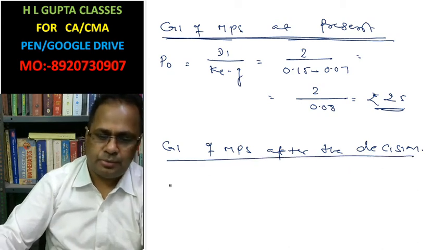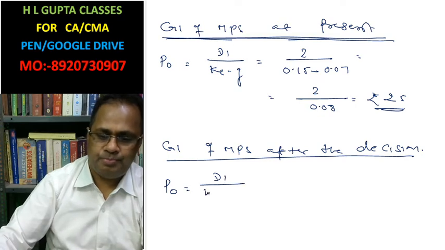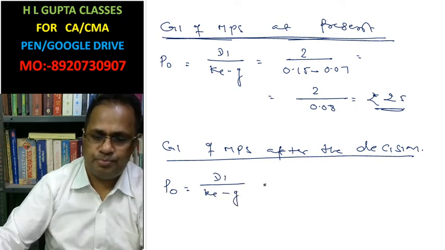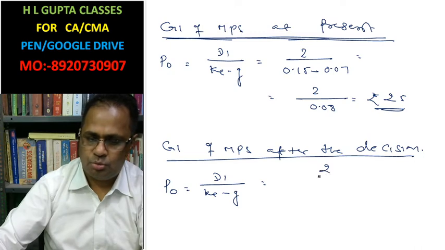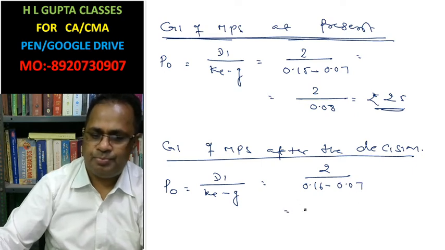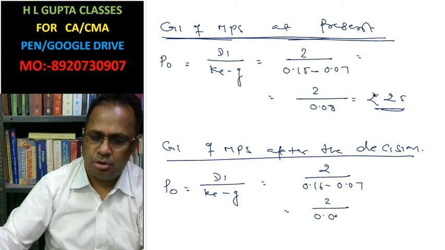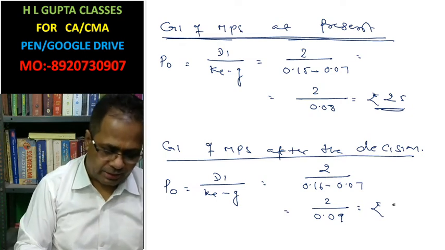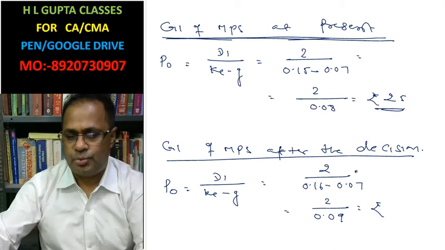Write the same formula: P0 equals D1 divided by KE minus G. This is 2 divided by 0.16 minus 0.07, which is 2 divided by 0.09. 2 divided by 0.09 is 22.22.